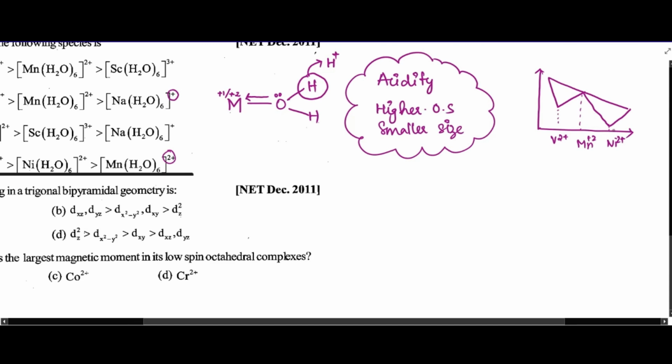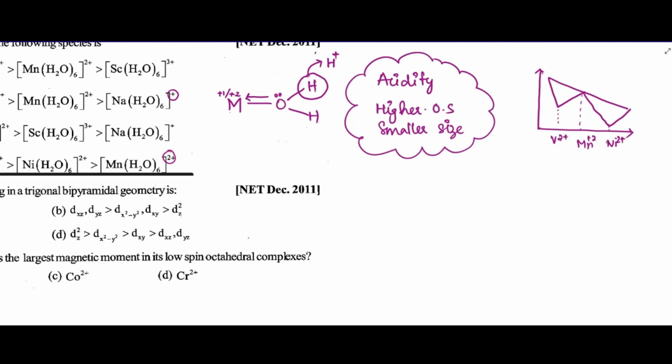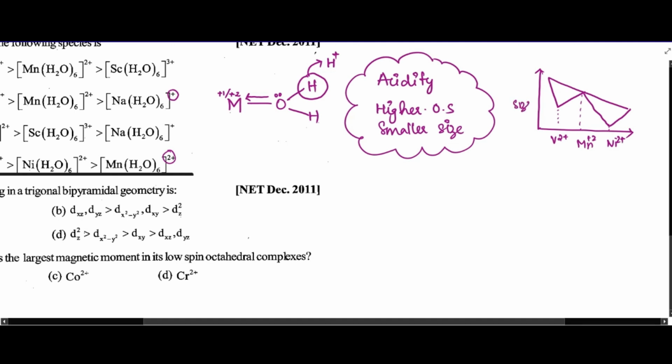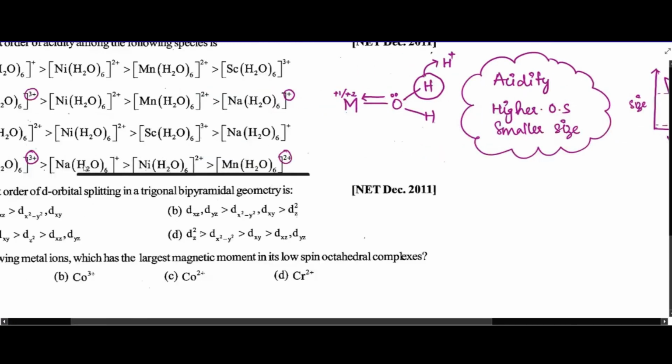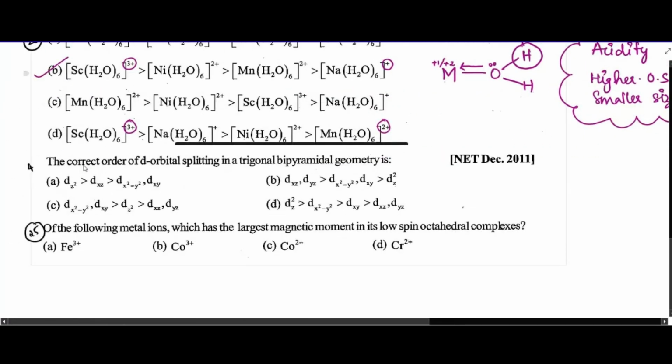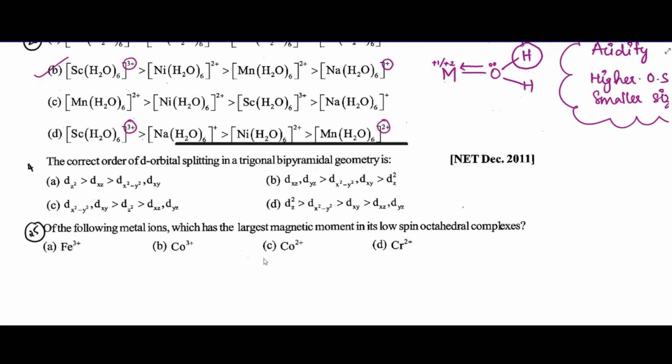So nickel plus 2 is having the lowest size than manganese. The size of nickel plus 2 is smaller than manganese. അതുകൊണ്ട് തന്നെ smaller size will have higher acidity. Option B. Clear അല്ലേ? So for acidity, you have to check for species which has higher oxidation state and smaller size.